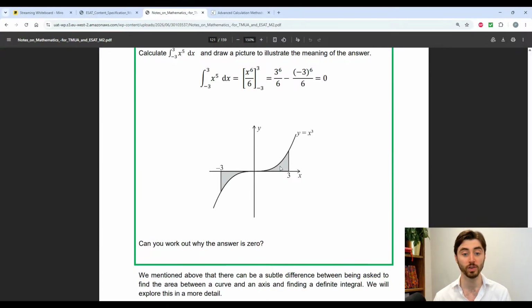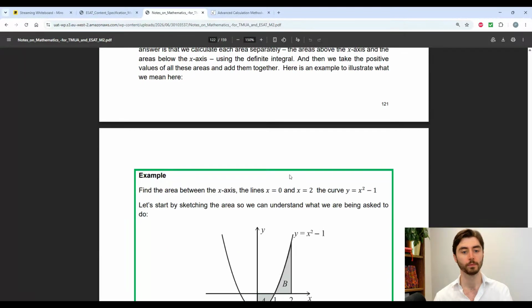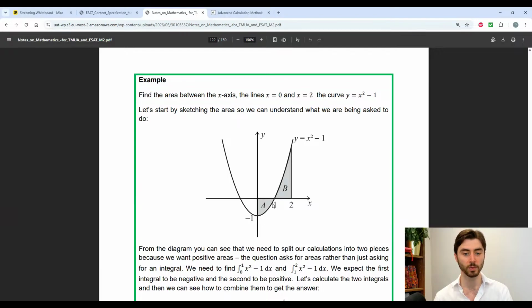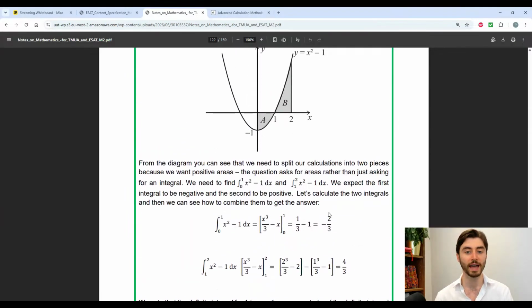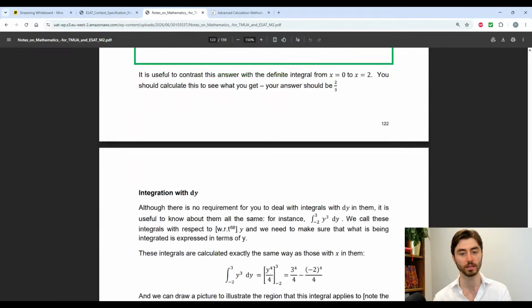In order to find out the true area, you'd have to integrate between -3 and 0, and then from 0 to 3. So here, yeah, integrate between 0 and 1, and then 1 and 2 separately. So that negative just means below, so we do 4/3 plus 2/3, which is 2, as the complete area.